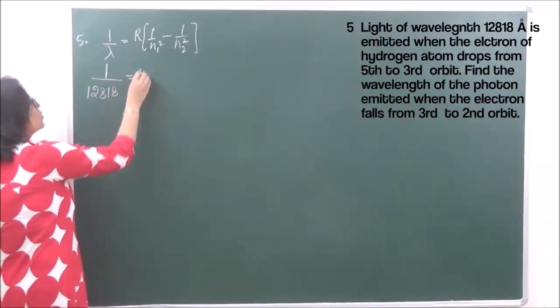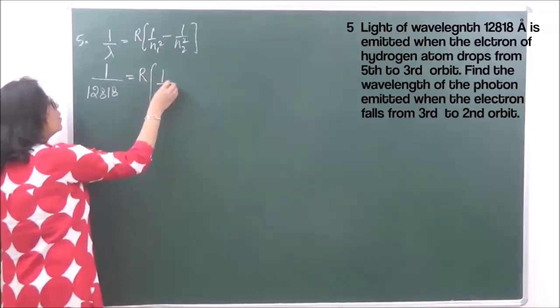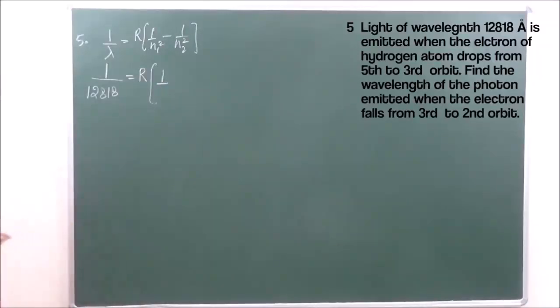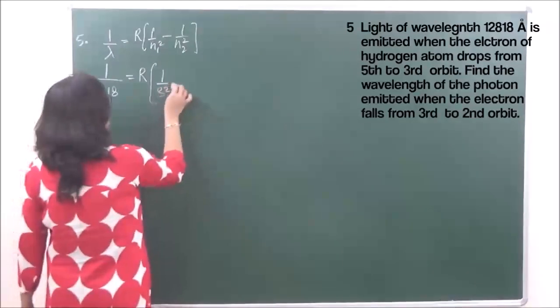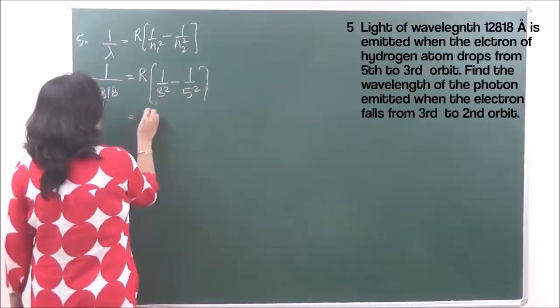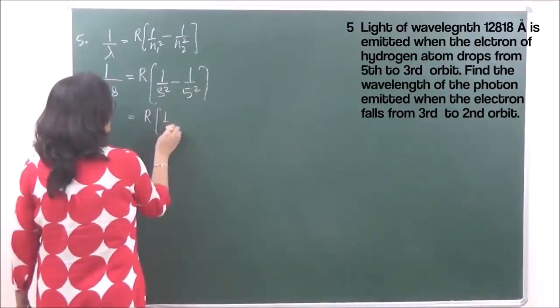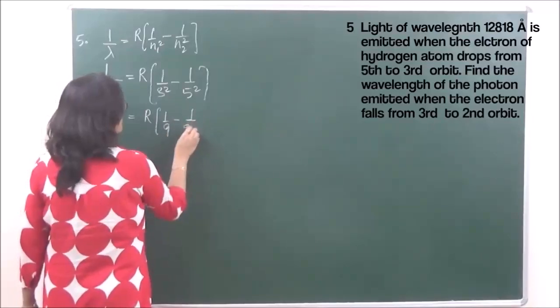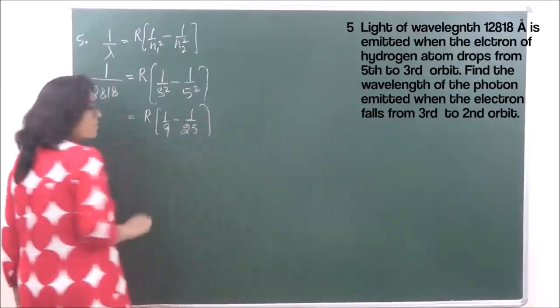1 upon lambda1 is equal to R into 1 upon 3 square minus 1 upon 5 square, since 3 and 5 are given to us. This becomes R into 1 upon 9 minus 1 upon 25.